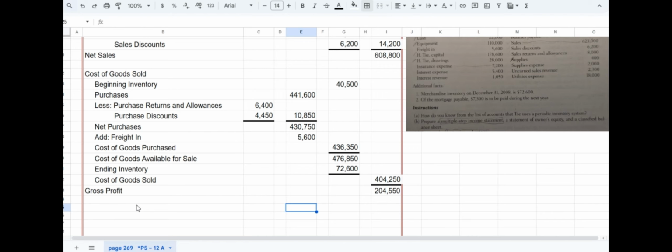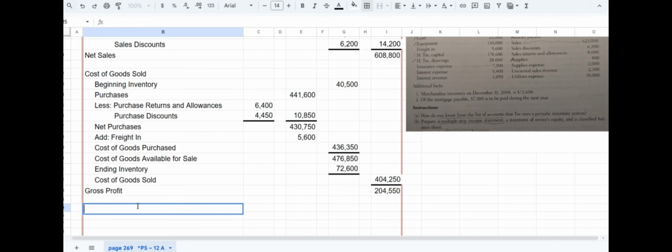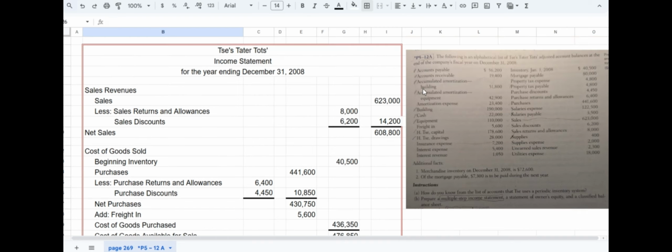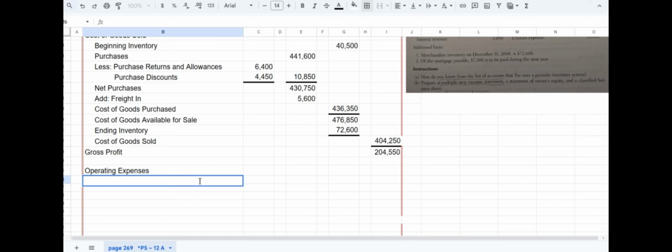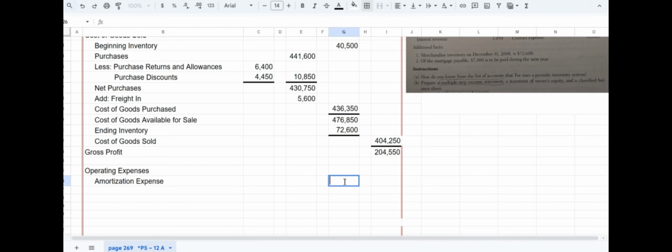The next step is operating expenses. Let's see what kind of expenses we have. So we have amortization expense, 23,400. We're going to put this in the third column.